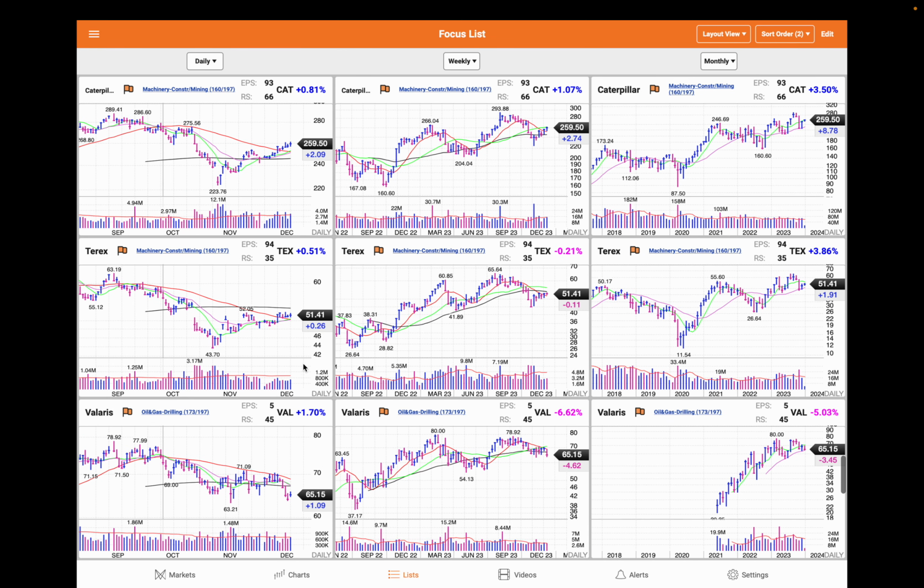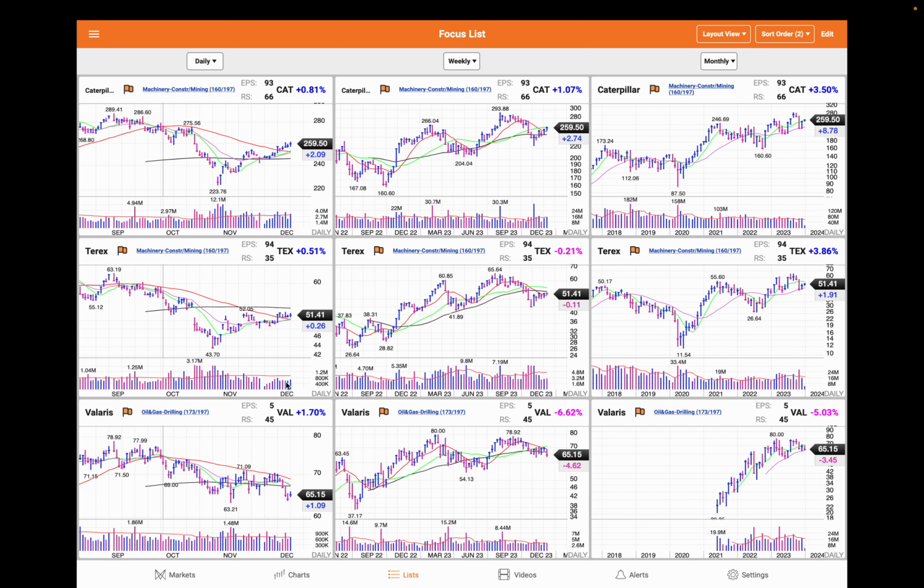If you compare these two names, the actions are very similar, and I chose CAT because I like the volume action better. For example, in this uptrend there are blue price bars, and it has higher blue price bars compared to TEX.